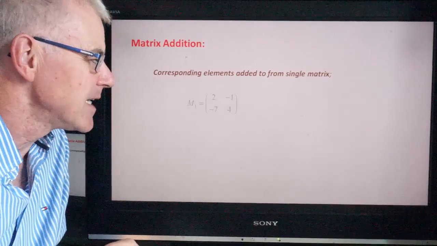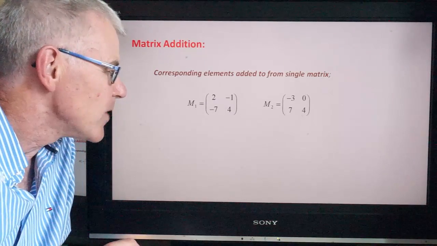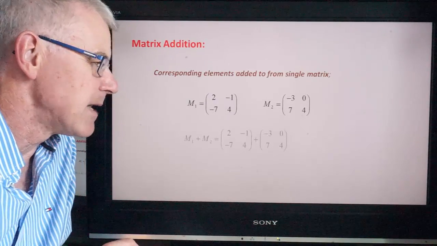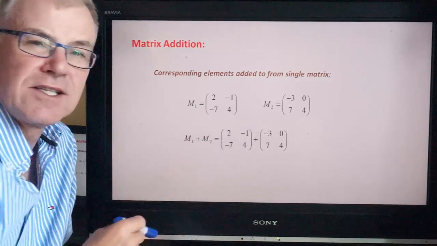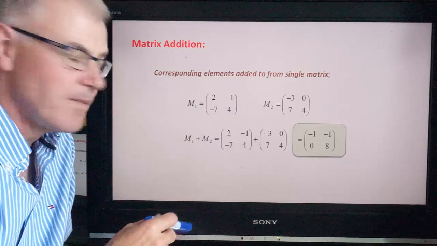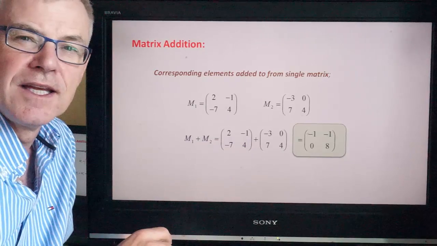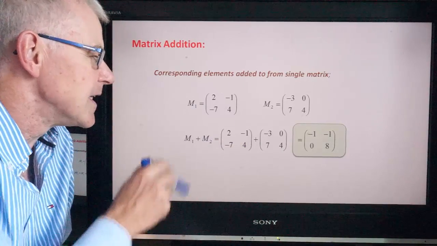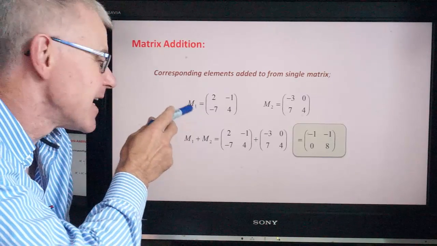So for example, let's say we have two matrices M1 and M2, and if we want to add these, M1 plus M2, we add the corresponding elements. So 2 and minus 3 is minus 1, minus 1 and 0 is minus 1, minus 7 and 7 is 0, and 4 and 4 is 8. Now also, it's worth noting that usually we refer to matrices with a capital letter, as in this case here.